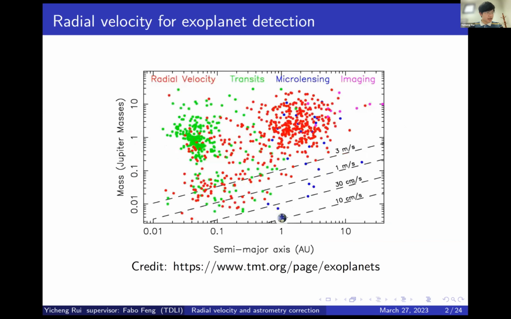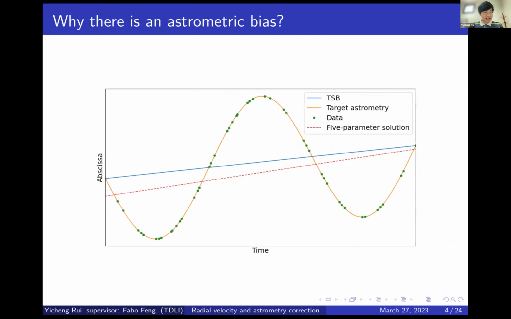You can consider the along-scan direction of the Gaia satellite, or you can call this direction the abscissa. The position of the target in this direction will change periodically due to the reflex motion caused by the companion.